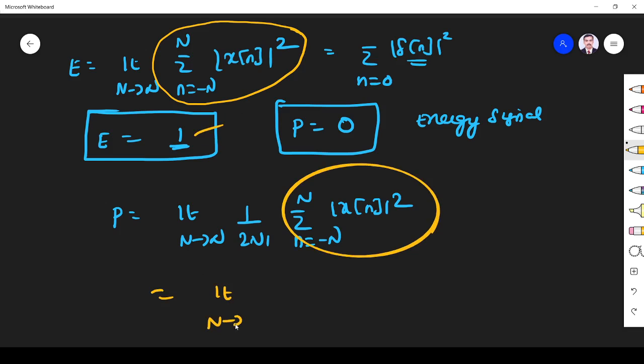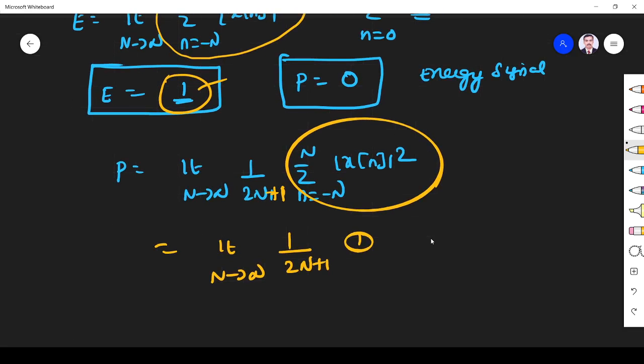So limit n tends to infinity, 1 by 2n plus 1, times 1. The summation value is equal to 1. The numerator is a constant, so it became 1. So 1 divided by 2n plus 1, when n tends to infinity, 1 by infinity is 0. So power is 0.